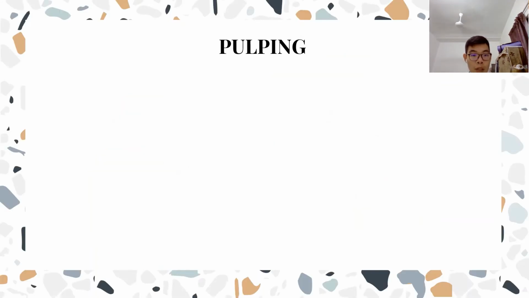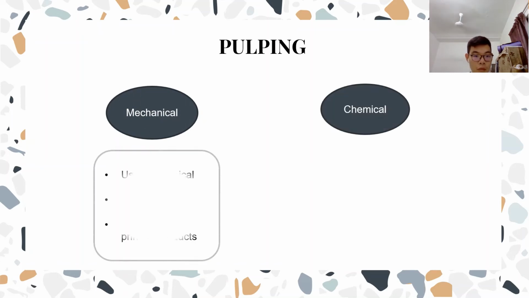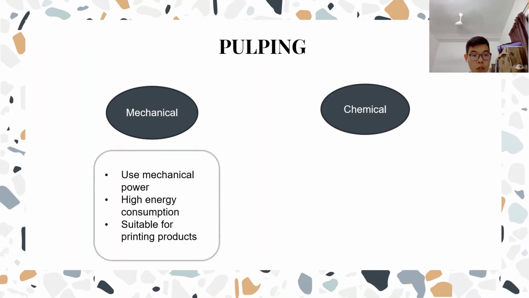So for pulping, there are two types, the mechanical and the chemical. For mechanical, it uses mechanical power to degrade the wood and remove the lignin. High energy is consumed in this process, and the product is yellowish in color and is suitable for printing products such as magazines.